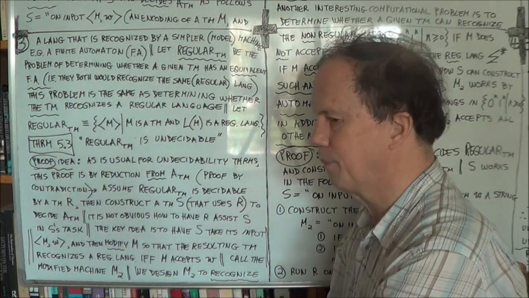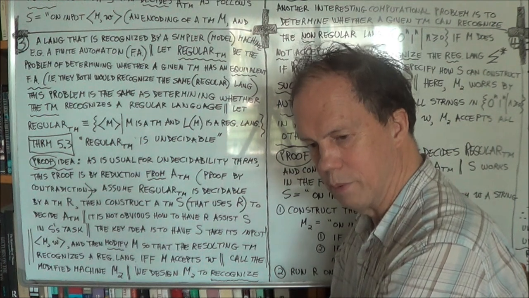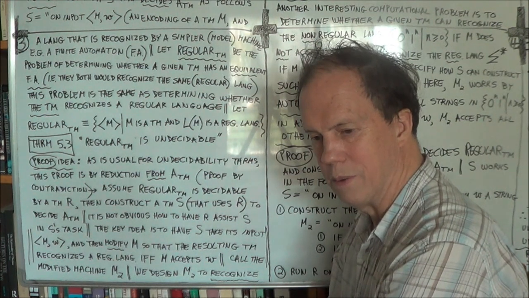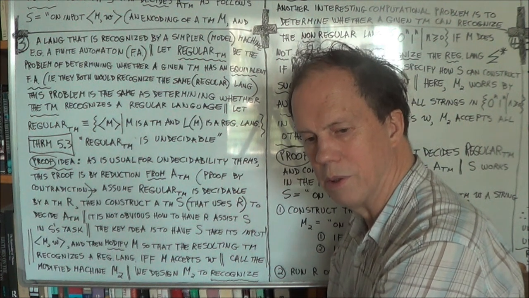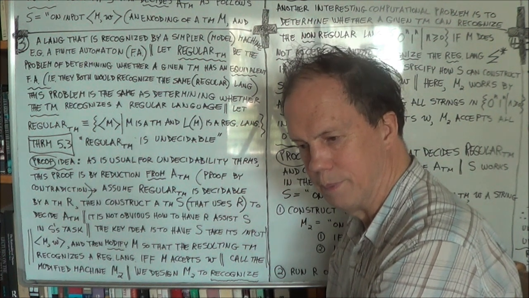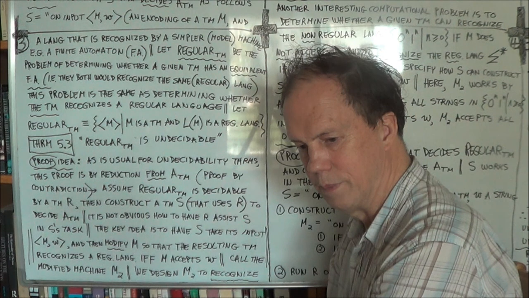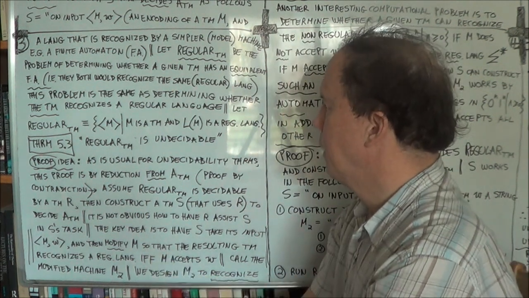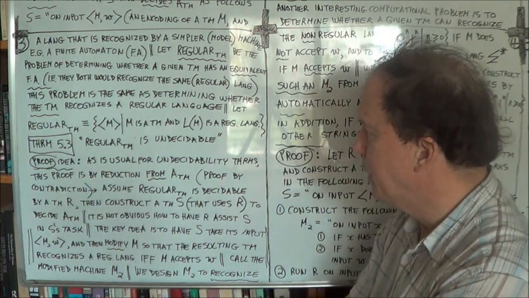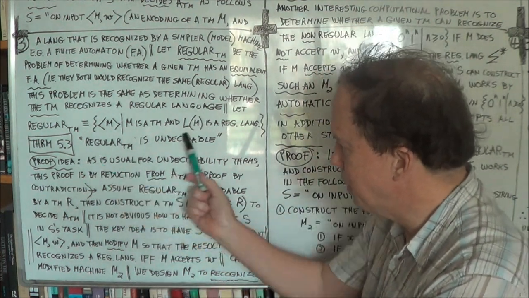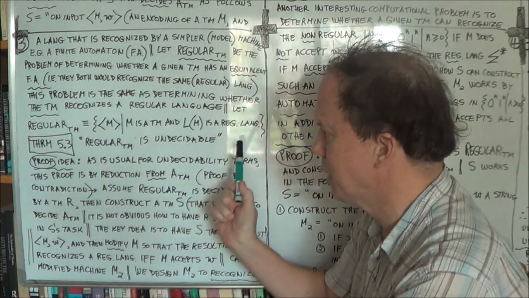So a computational problem can be translated into a language belonging or not belonging problem. All right. So the problem statement is that this language is undecidable.